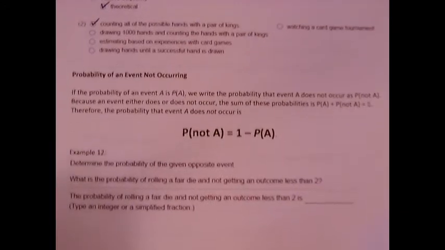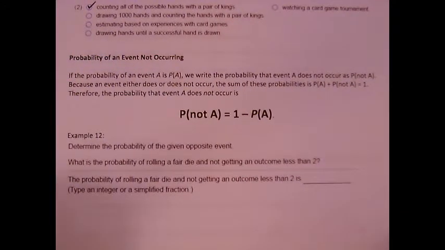Okay, next we'll look at probability of an event not occurring. If the probability of an event A, or P of A, we write the probability that event A does not occur as P not A. Probability of not A occurring, because an event either does occur or does not occur. The sum of these probabilities is probability of event A plus the probability of not A equals 1. Therefore, the probability that event A does not occur will be this.